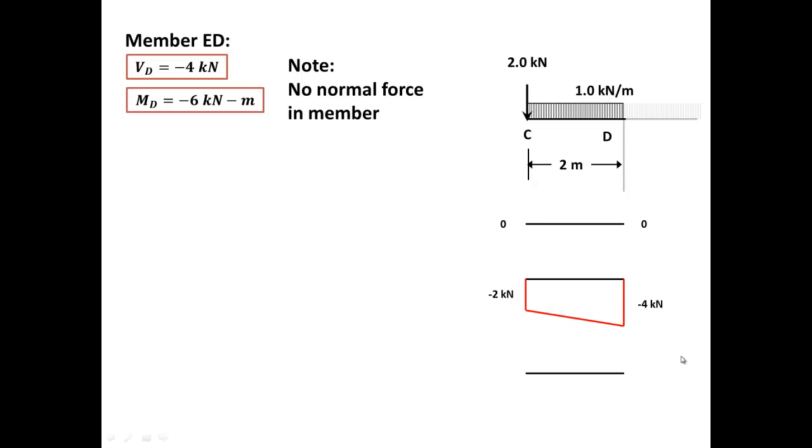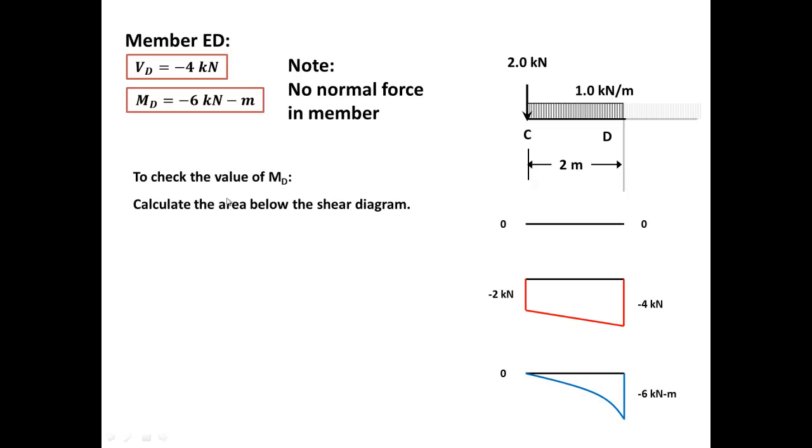For the moment, at the tip, it's going to be 0. What about at D? You know that it's -6 kilonewton meters. So it's 0 here, and it's curved like that, and it's -6. Now let's check the value of MD. Let's try to calculate the area.